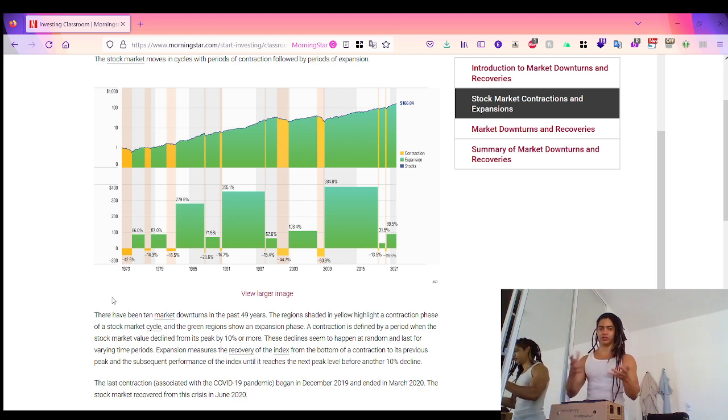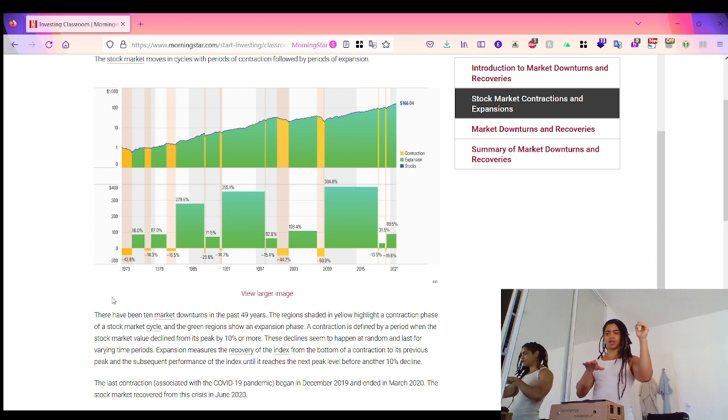That's the definition of a contraction. Then we have the expansion, which measures the recovery of an index from the very bottom of the contraction to its previous peak, and the subsequent performance of the index until it reaches the next 10% decline, right?